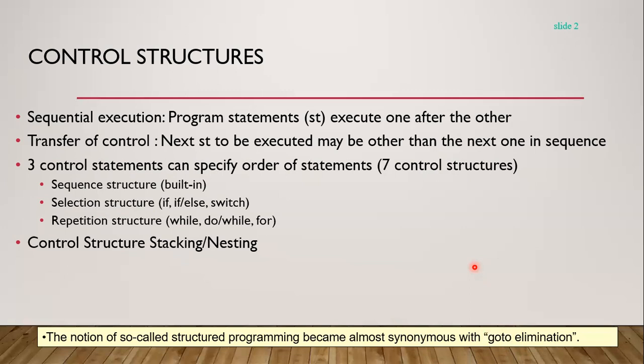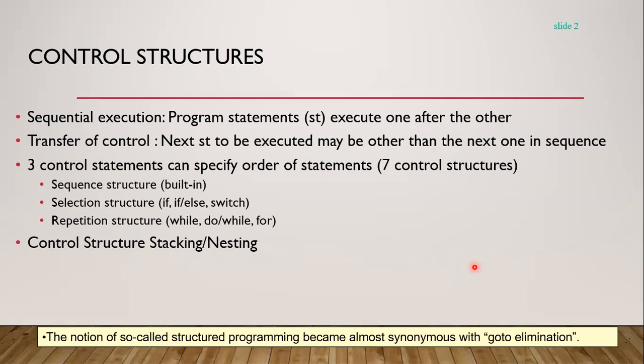Go-to was a way to change the transfer of control from one location in the program to another location. For example, you are at line number 5 and under a certain situation you want to make a jump to line number 10. You want to skip many lines in between. So you can use the go-to. But the problem with this statement was it left many logical errors. Even the experienced programmers were not using it correctly.